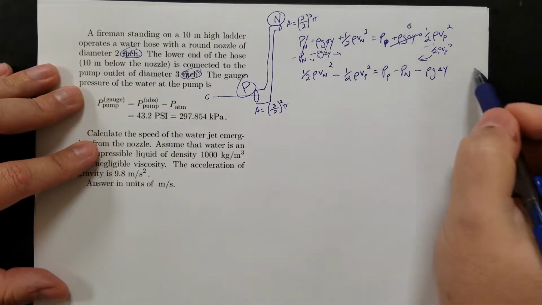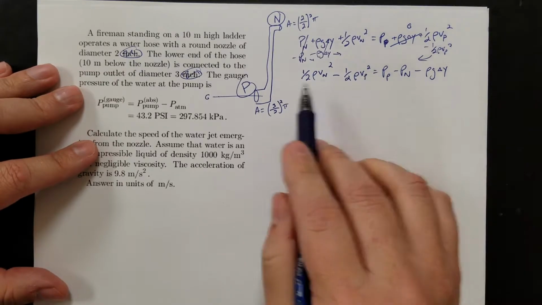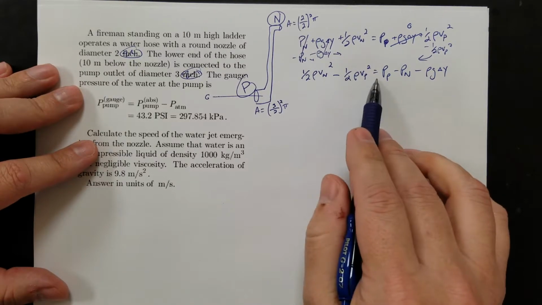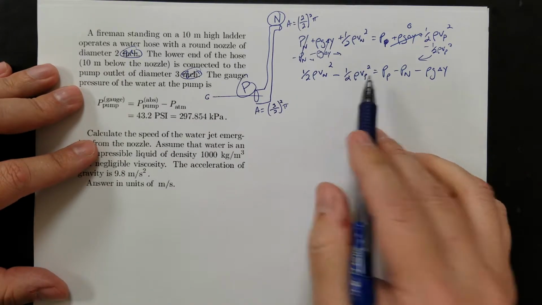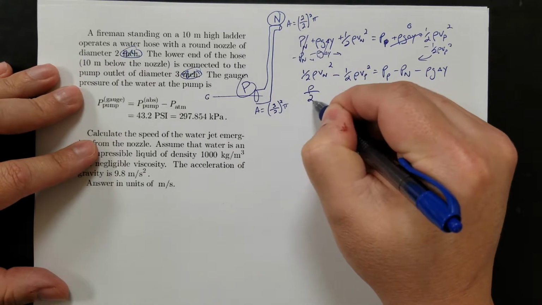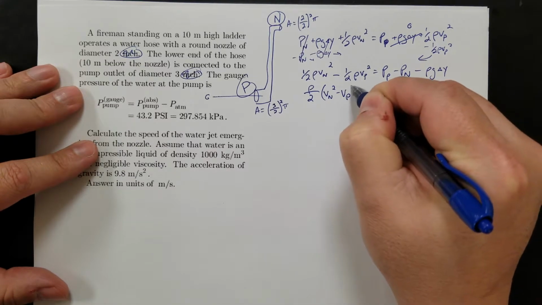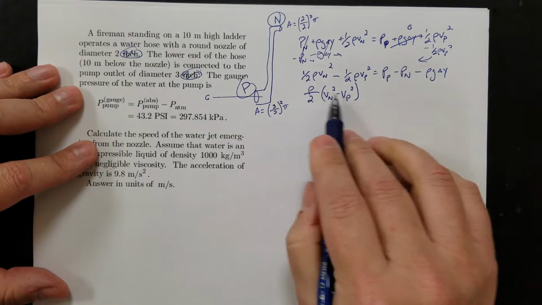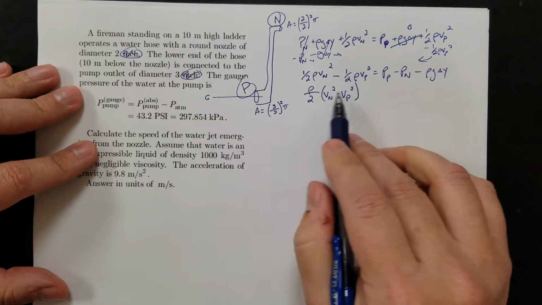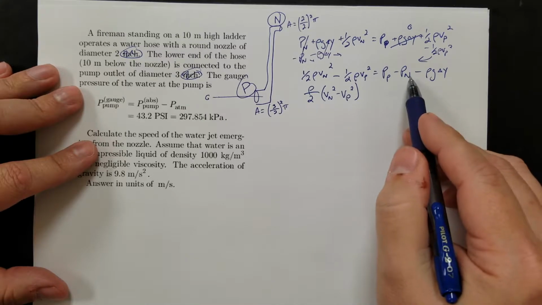Okay, so there's where I'm at. There's a 1/2 rho in both of these things, so I'm going to pull out a 1/2 rho. That's rho over 2 times v nozzle squared minus v pump squared. Just algebra, because I could distribute this in and get 1/2 rho on both of them. And that equals this.